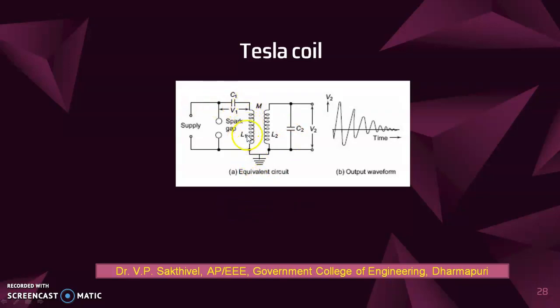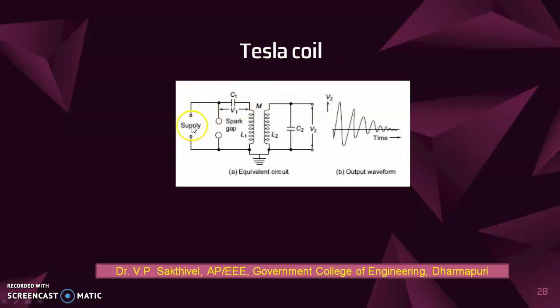The secondary may be rated as high as 500 to 1000 kV. Then the primary is fed from either a DC or an AC supply through capacitor C1.